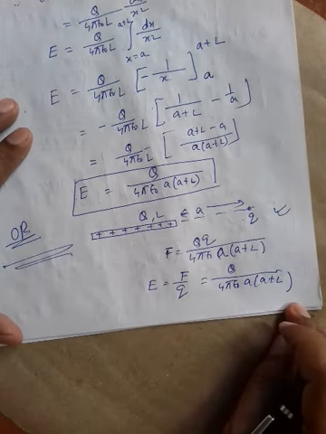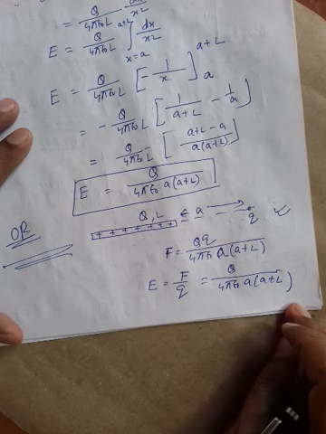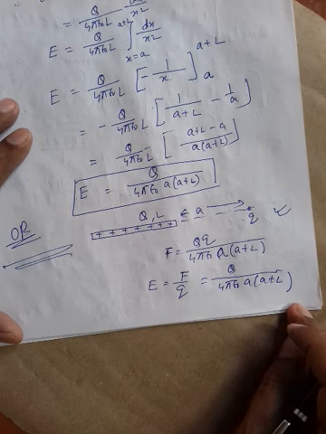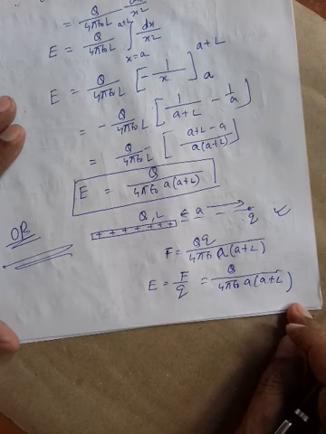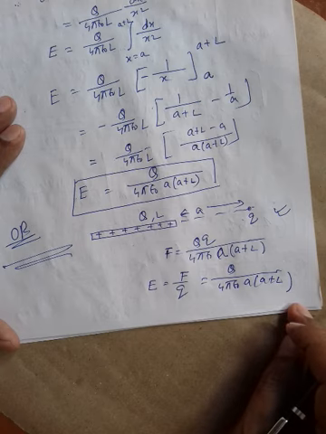So calculation of force, if known, calculation of field is not so difficult. Clear? All problems, whatever calculation or idea of calculation we use for force, same idea of calculation can be used for field also. Just my advice is, you should go through each video serially.